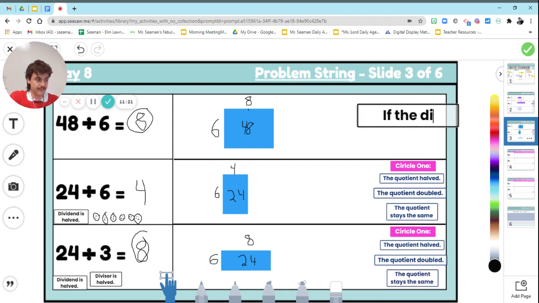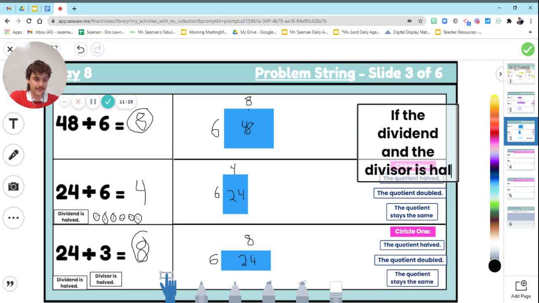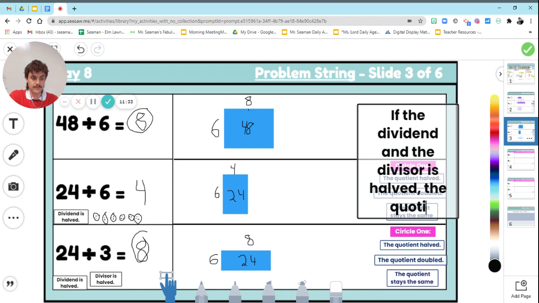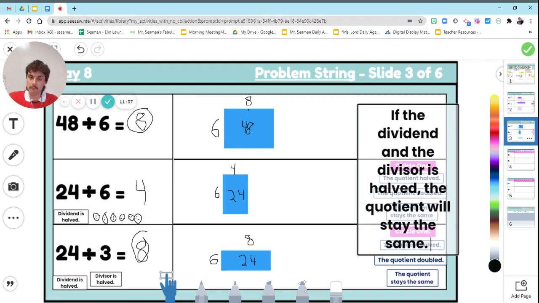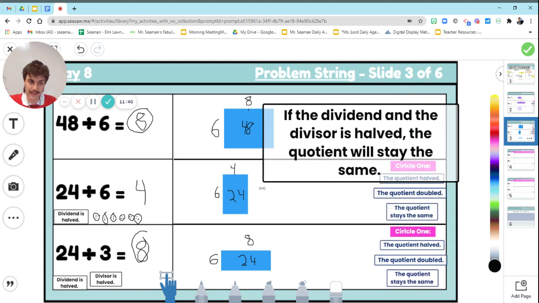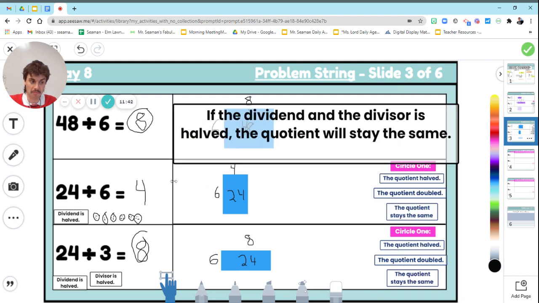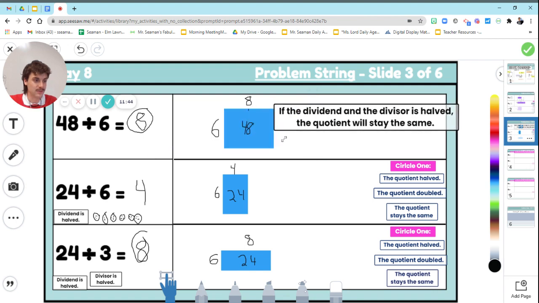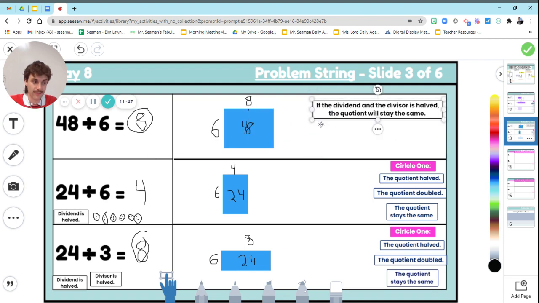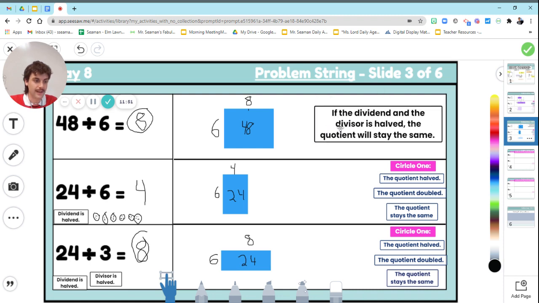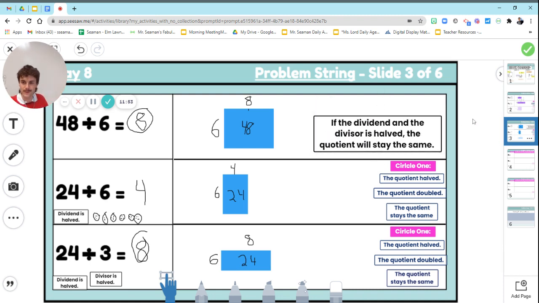If the dividend and the divisor are halved, the quotient will stay the same. Did any of you notice that? Awesome. If you did, wonderful. If you didn't, keep looking for those clues and keep seeing where we would see the pattern. What pattern are we seeing?